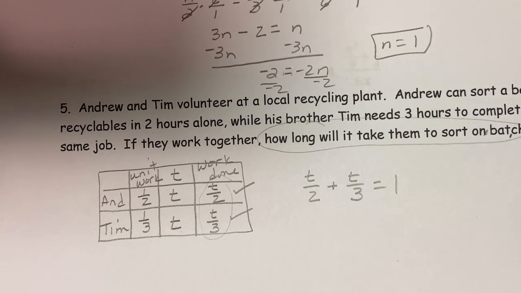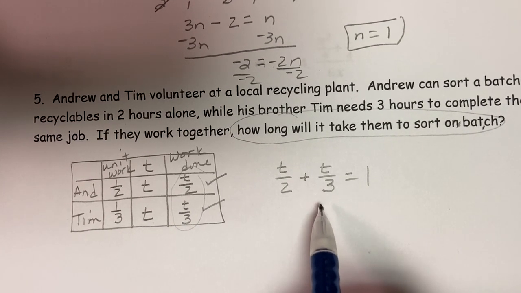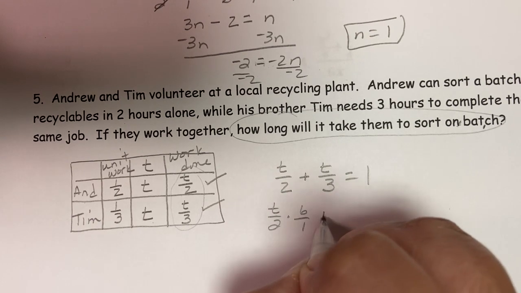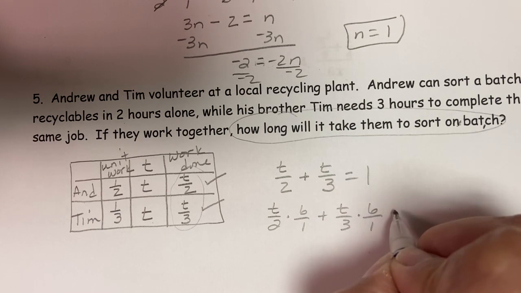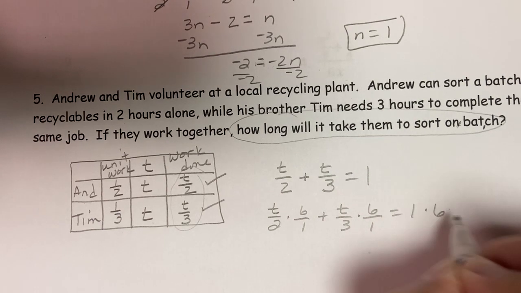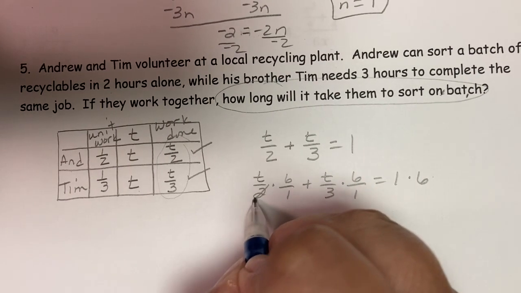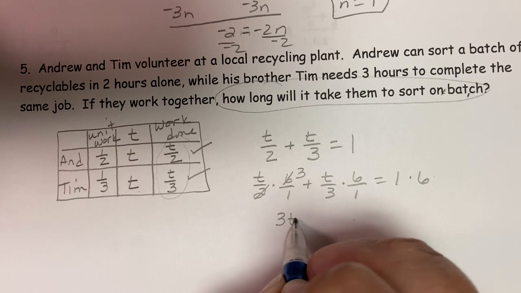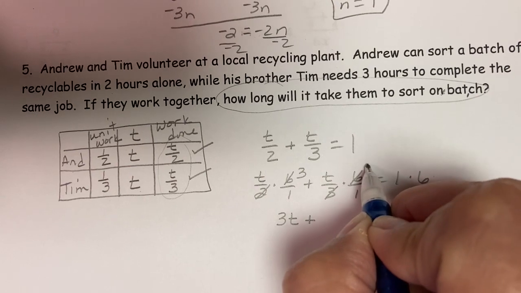All right, so if we go ahead and solve this, we can see that our lowest common denominator is 6. So I'm going to take each fraction and multiply it by 6/1. So I'm going back to my previous section and using what I learned. The 2 will cancel into the 6, 3, which leaves me with 3 times T, plus the 3 cancels into the 6, leaving me with 2.